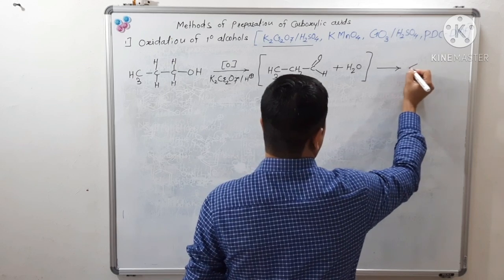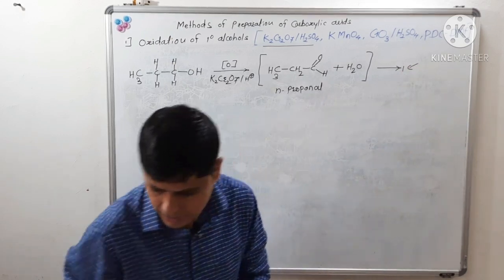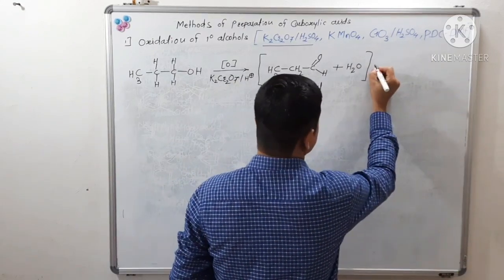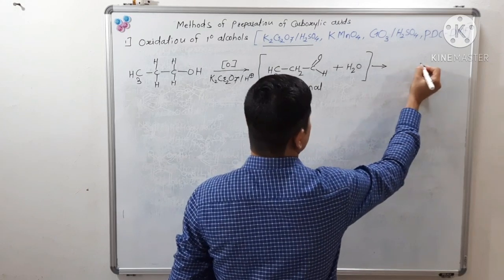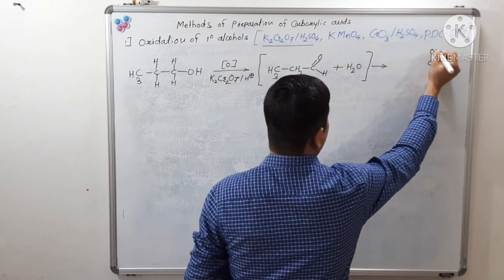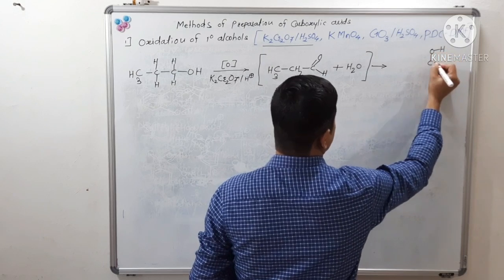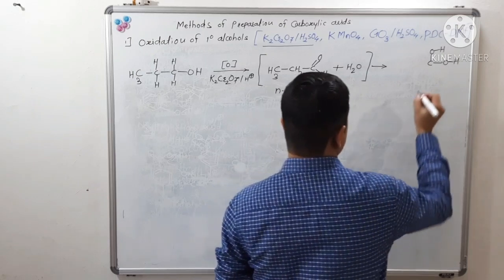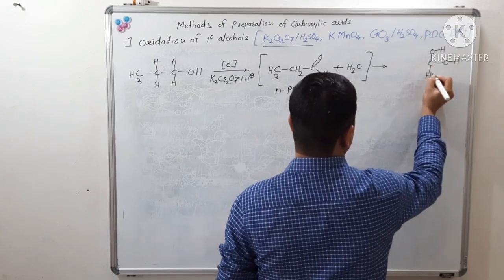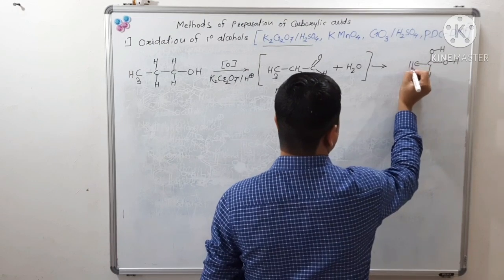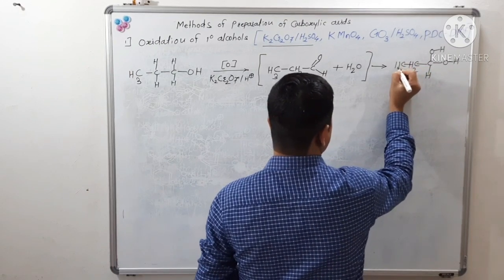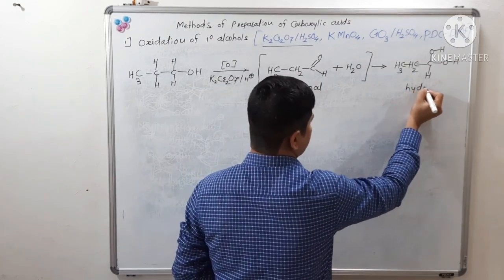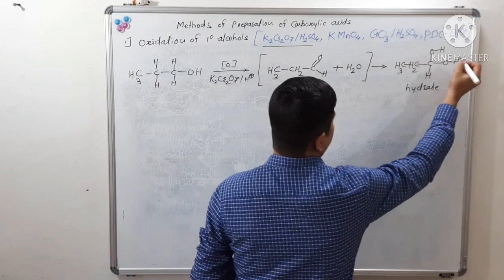Hydrate means the species which has two hydroxyl groups, and there is an ethyl group, CH2CH3. So we will get the hydrate of propanal.